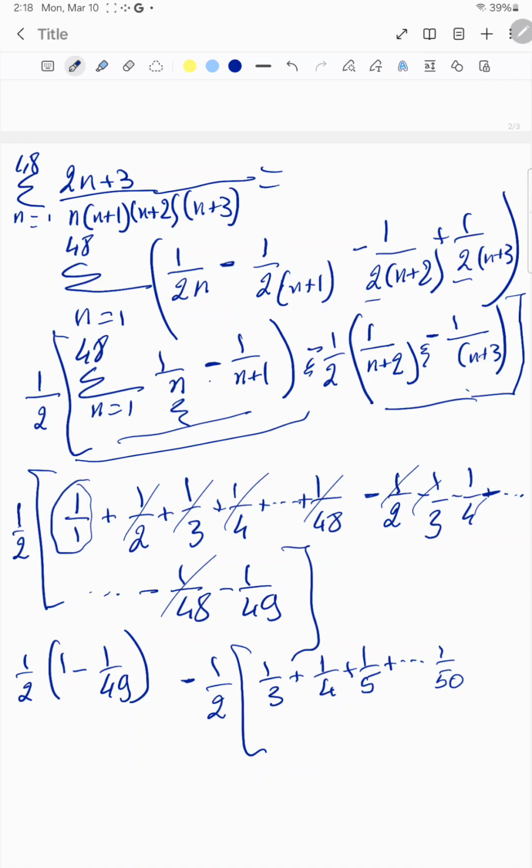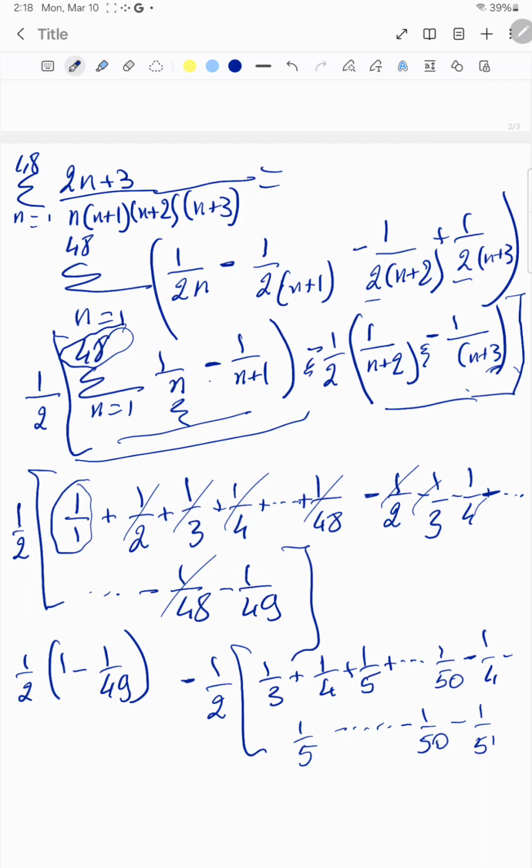It's n plus 3, so for n equal to 1, it becomes minus 1 over 4, minus 1 over 5, up to minus 1 over 50 and minus 1 over 51, because the maximum of n is 48, and 48 plus 3 is 51.